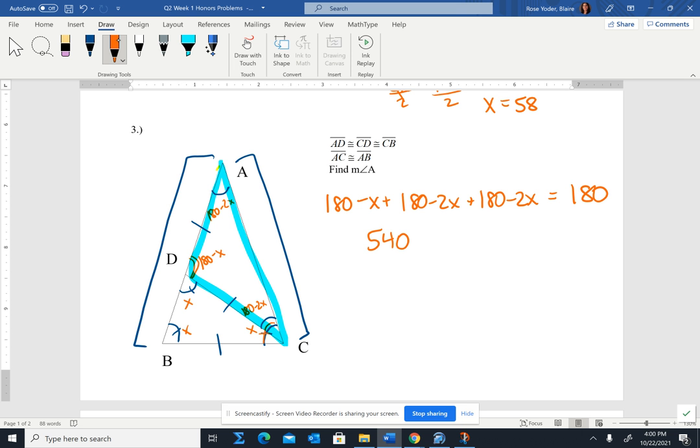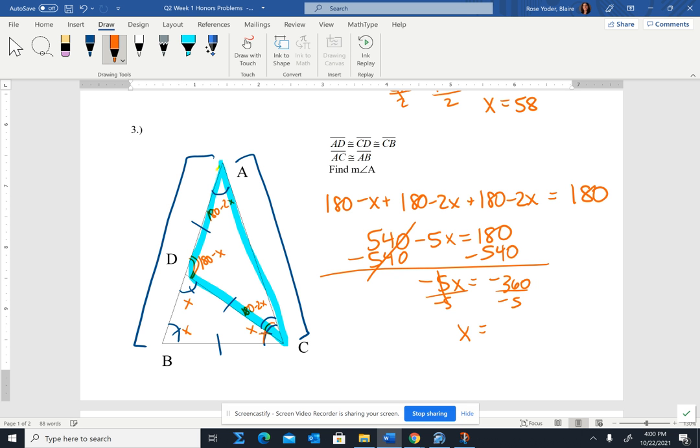There's minus 5X when I combine like terms equals 180. So then I'll subtract 540. 180 minus 540 is negative 360, and negative 360 divided by negative 5 is 72.